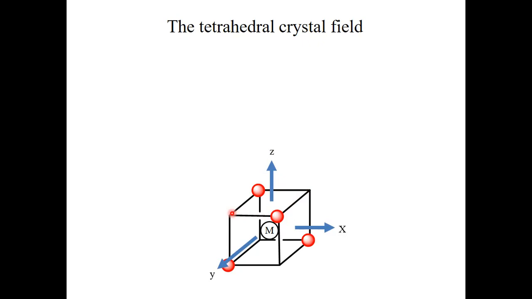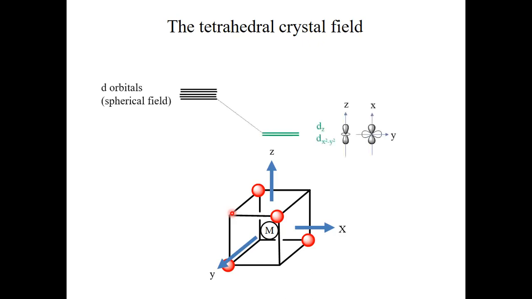Okay, so now when we think about the orientation of the orbitals relative to the ligands, we can again estimate to which degree the ligand electrons should repel the electrons in the respective d orbitals. In the case of the dz square and the dx square minus y square orbitals, we realize that these two orbitals have their electron density primarily on the axes.